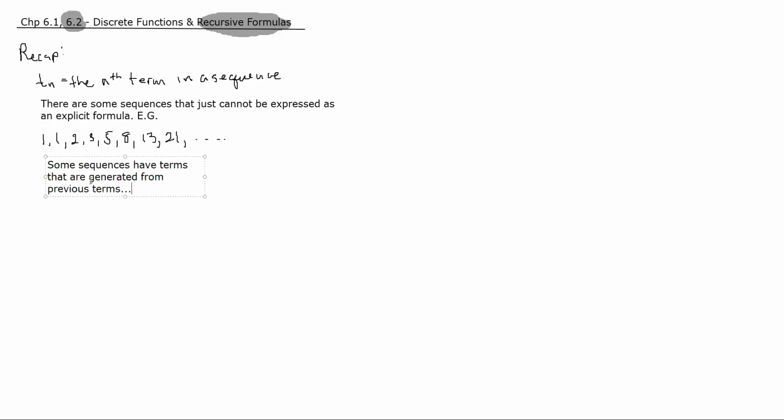In other words, the previous term needs to exist if you want any clue of how to get the next term. For the Fibonacci sequence, if I want the next term here, which you might guess is 13 plus 21, 34. If you wanted 34, both 21 and 13 need to be provided. You need to know what that is.